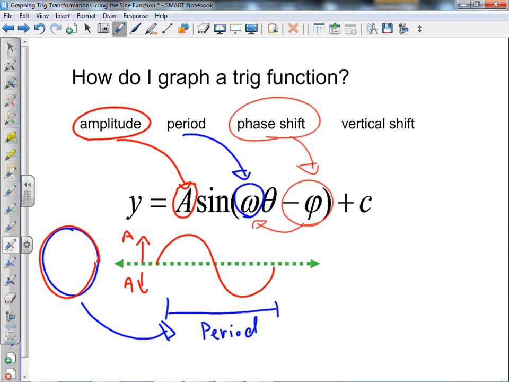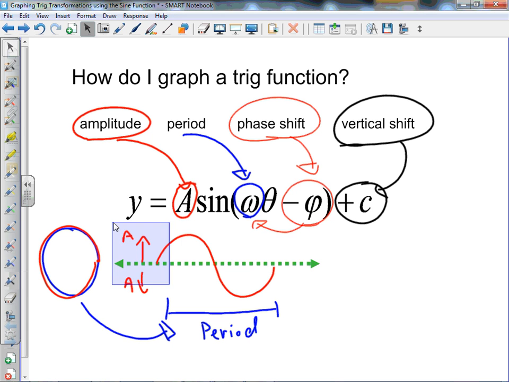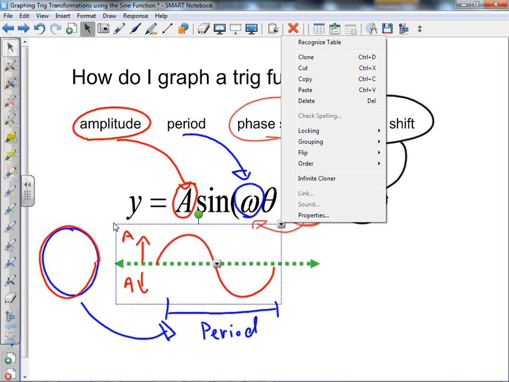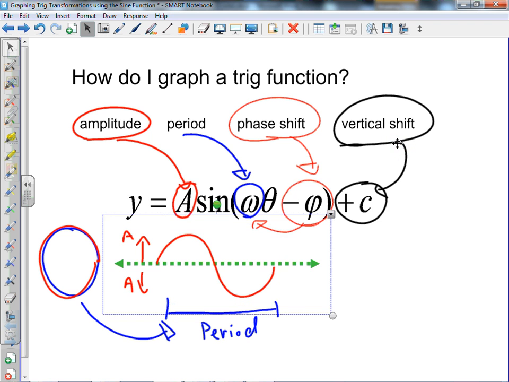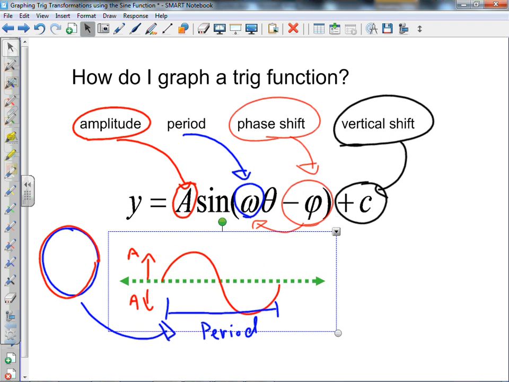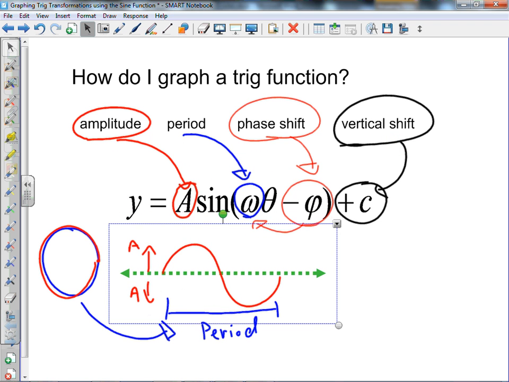Now, the vertical shift is the number outside, which is C. That's going to take this midline and everything we have here, if we grouped it together, and move it up and down along the y-axis. So that's what's happening with all these letters.